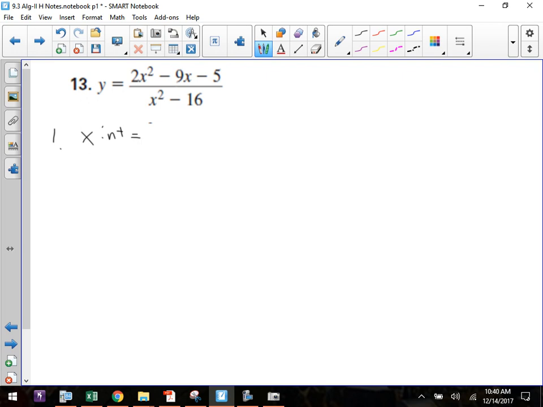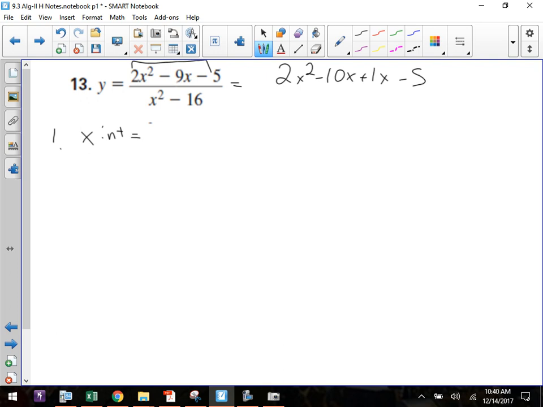Your x-intercepts for all of these rational expressions will always be located at the zeros of the numerator, which means I need to factor my numerator. So I ask what times what is -10, then I add together to get -9. -10 and 1, good. So that's going to give me 2x squared minus 10x plus 1x minus 5.